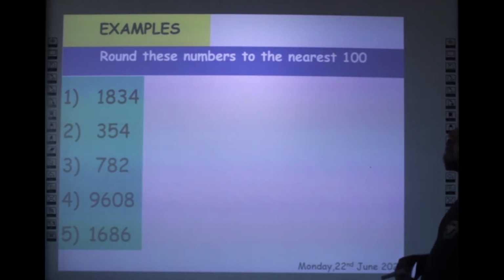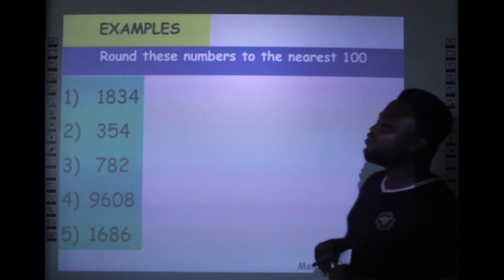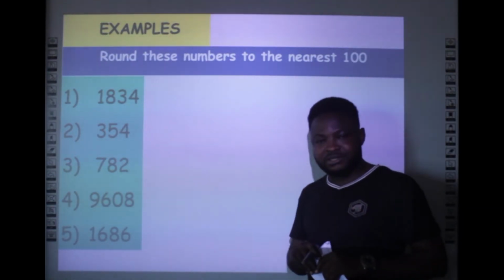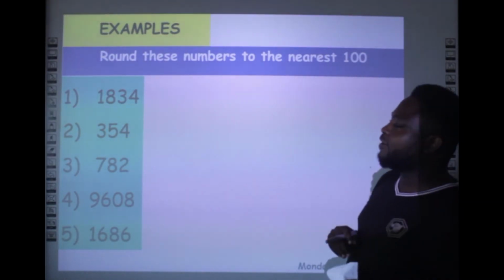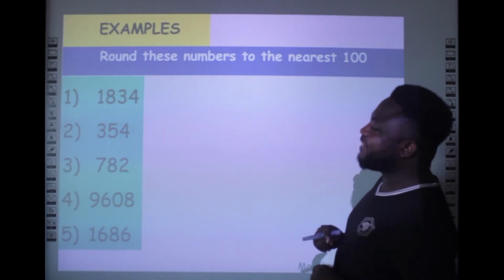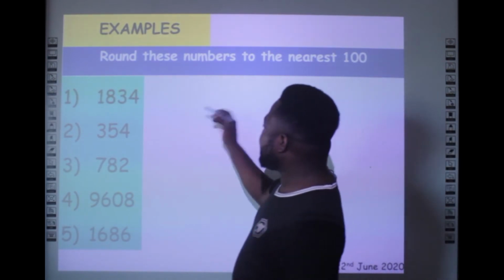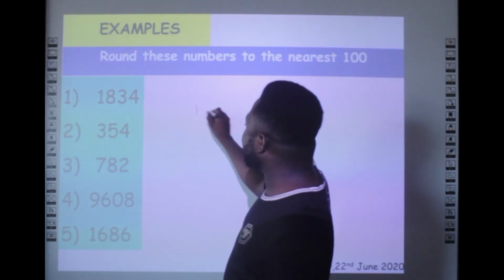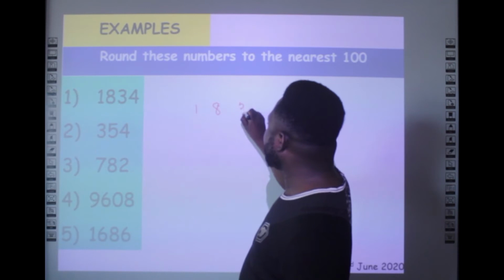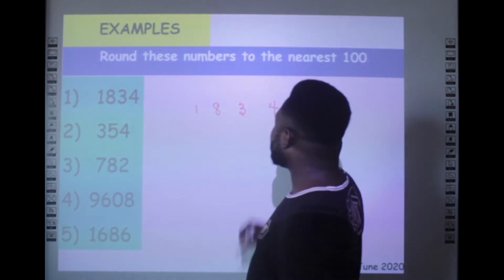Okay, yes. Now, here we have to round these numbers to the nearest 100. Now, how do we go about this? We have 1,834 for the first one. Okay, we have 1, 8, 3, 4.